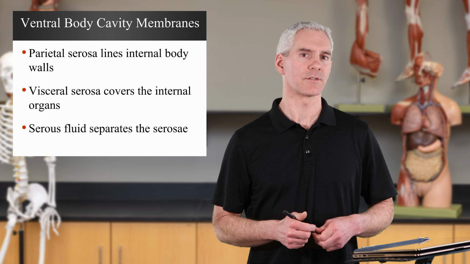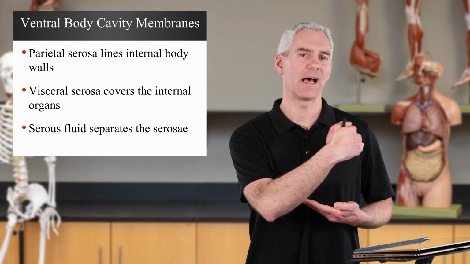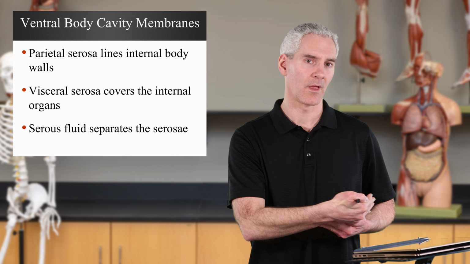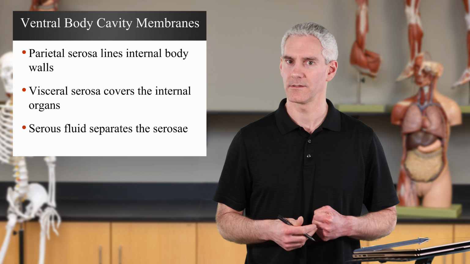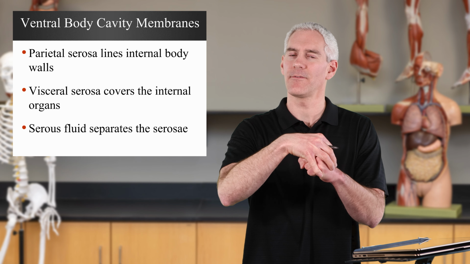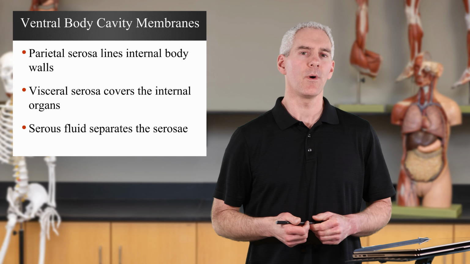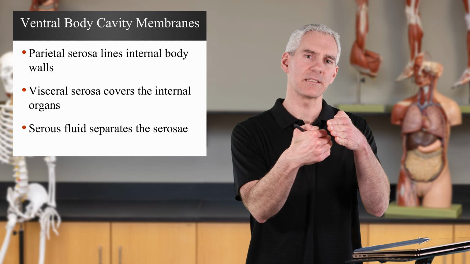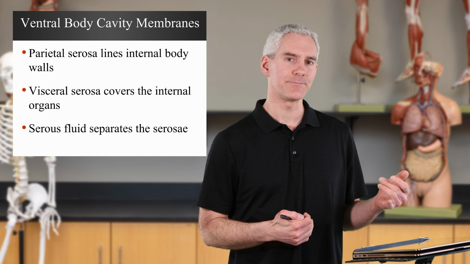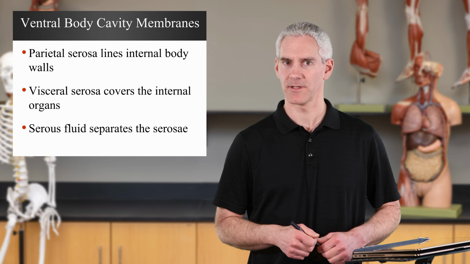The parietal serosa is going to be lining the inside of that rib cage, while the visceral serosa would be like saran wrap covering tight over the lungs. These two membranes create a little space in between, and that space can be filled with serous fluid.